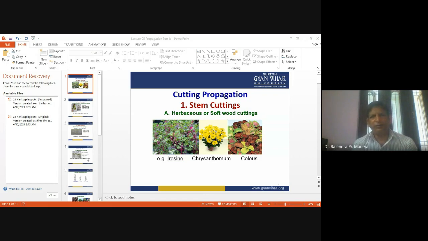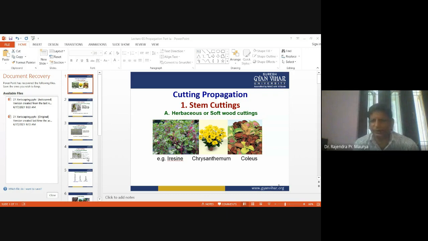What we do in rejuvenation is heavy pruning during the dormancy period. After the dormancy period, following the pruning, new growth will start. So all branches are new. If we get the planting material from these new branches, then we will get the higher success rate. So this one is the important genetic factor.